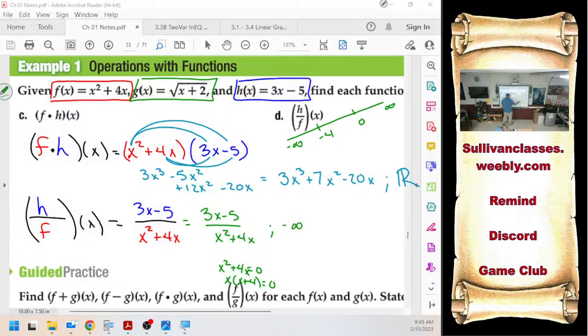Say negative infinity to negative 4, can't touch it. Negative 4 to 0, can't touch it. And 0 to infinity. Okay? Everywhere that I want to exclude, you put a union parenthesis on top of it. Most of the textbooks that you're going to see are going to use interval notation.